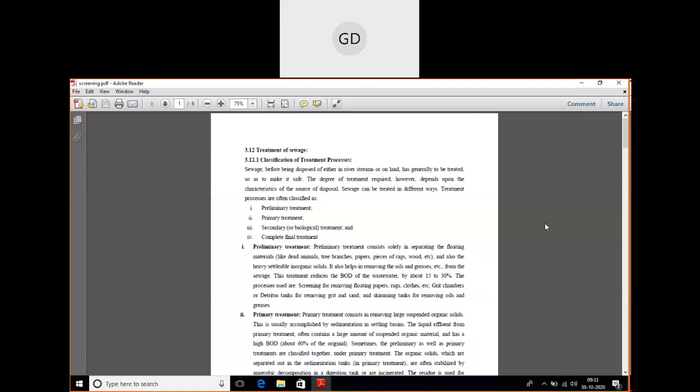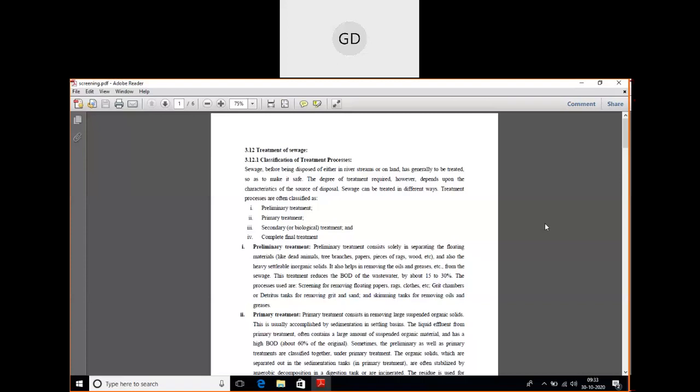The preliminary treatment is defined to separate only the floating materials. In the sewage there can be many floating materials, like dead animals, branches of trees, wood, and papers.